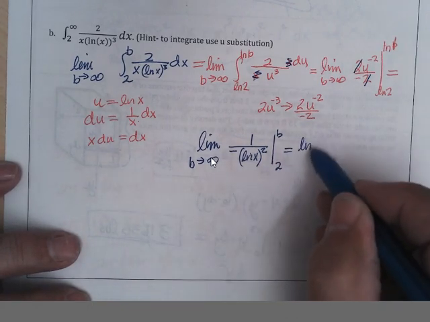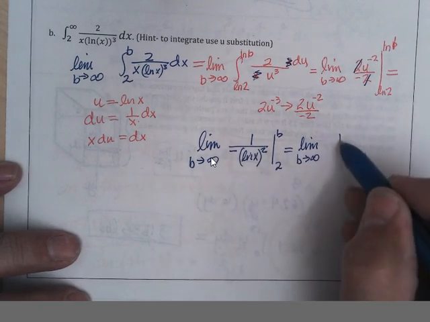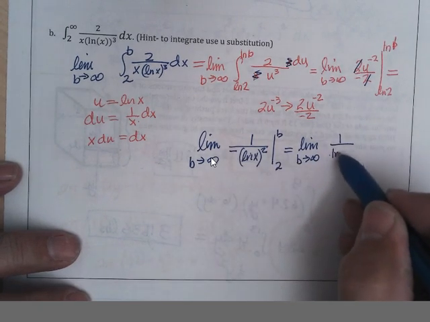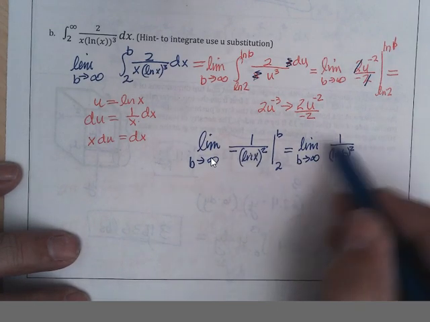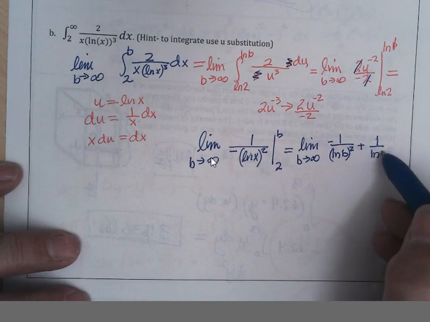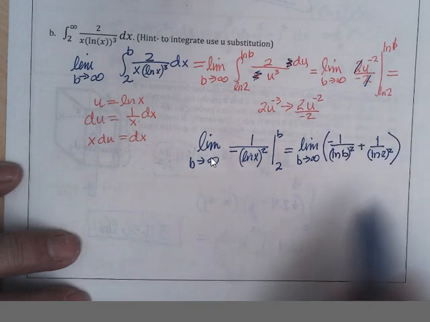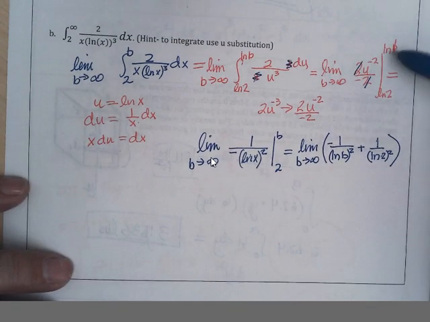So it's going to be the limit, I'm not taking the limit yet, of negative 1 over ln b squared, with a minus a minus, which makes it plus 1 over ln of 2 squared, which is the same thing I would have gotten if I put in the ln b into this. I would have got that, and put ln 2 in for the u, and I would have got that.